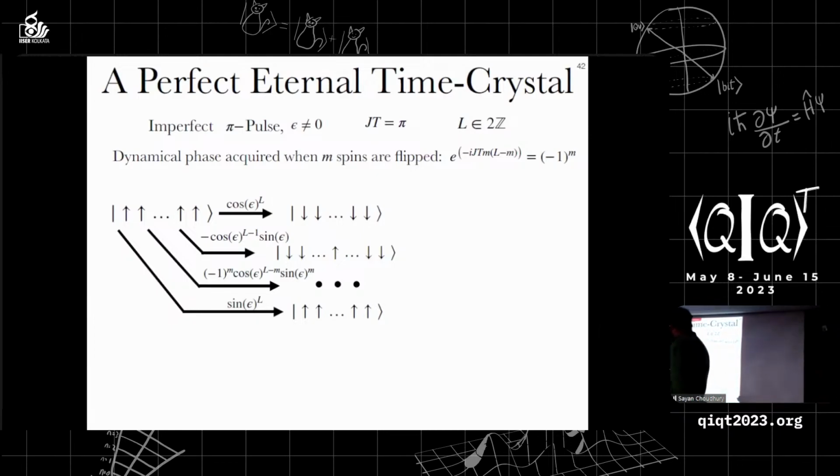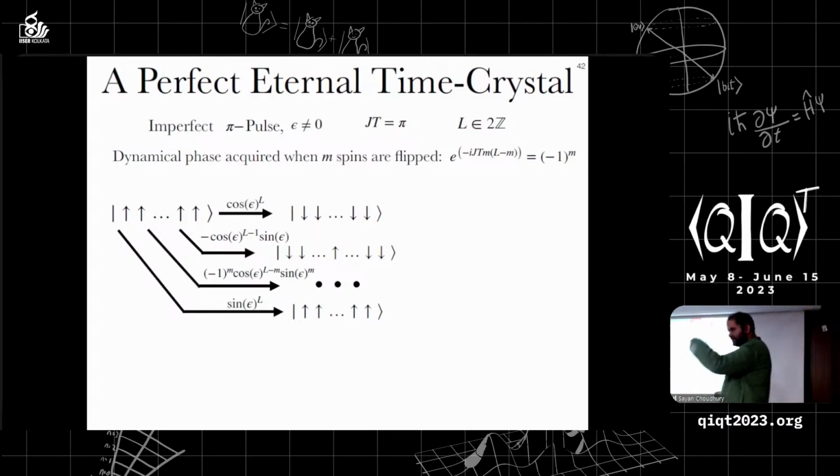Now, these amplitudes were such that there is a sign here, and then there are these amplitudes. These have alternating signs of plus, minus, and so on, where you basically have a sign of (-1)^m. This is just the geometric phase that is coming because of this flipping.